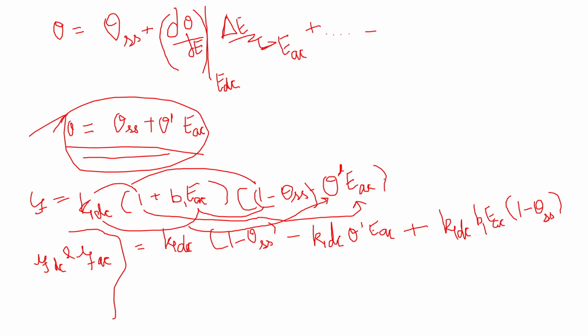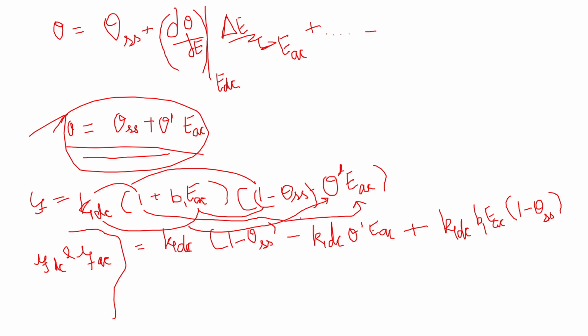Okay? So that term is neglected because the value is going to be very small. So when I am expanding this, you will have only 3 terms. Any doubt in this? Clear. Yeah.